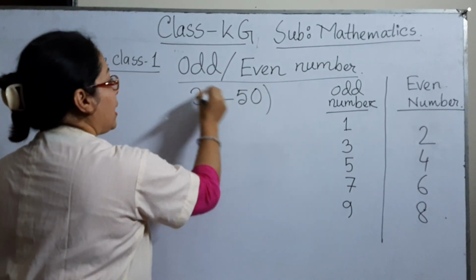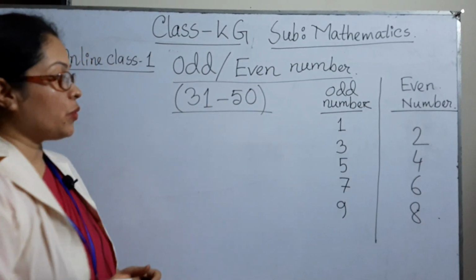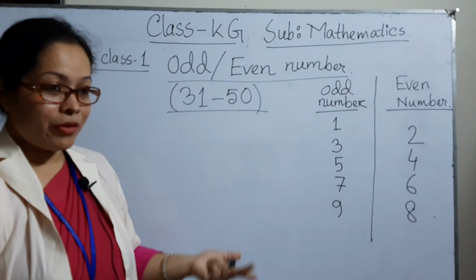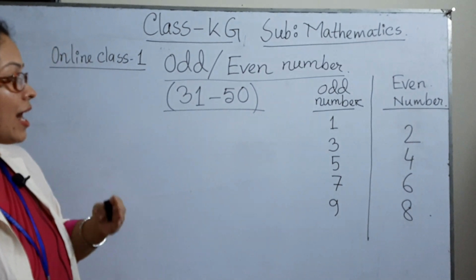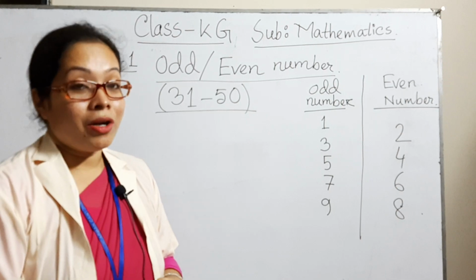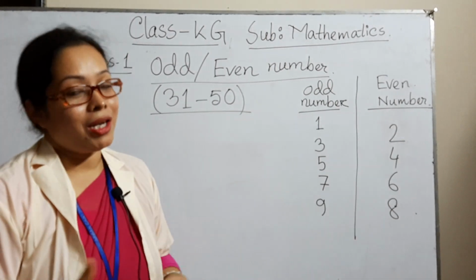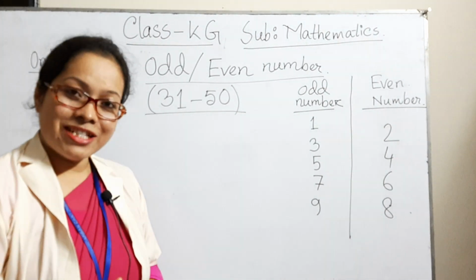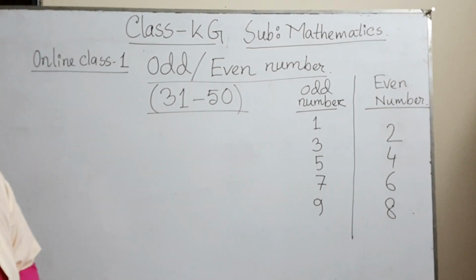In the next class I will discuss 51 to 70 and then I will give you the questions, that is how odd and even numbers will come in your exam. So let's start the class.